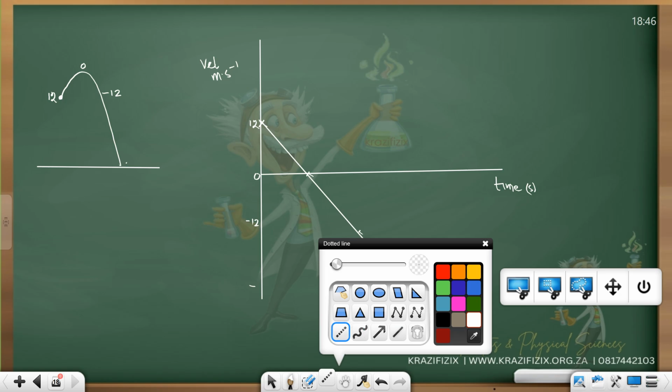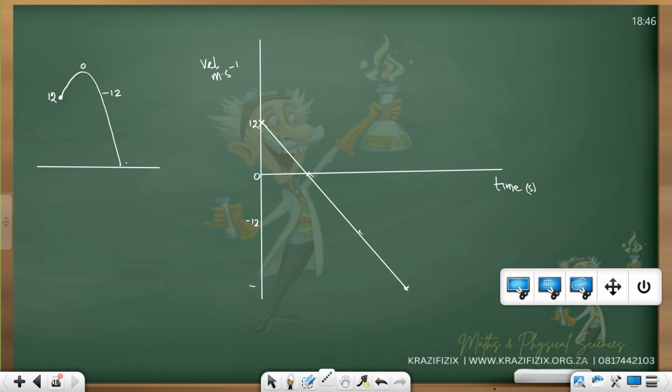Because we calculated our time, we can put that time here: 5.91. Please label your graph. Velocity time graph. We chose upward as positive, and that would be your graph.